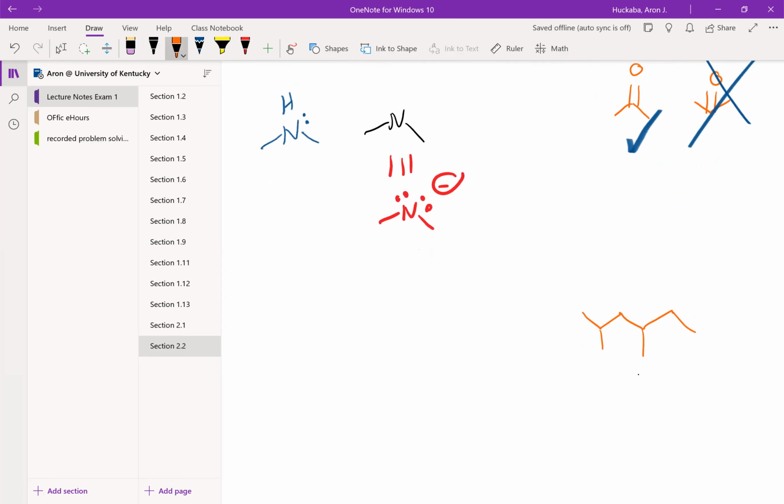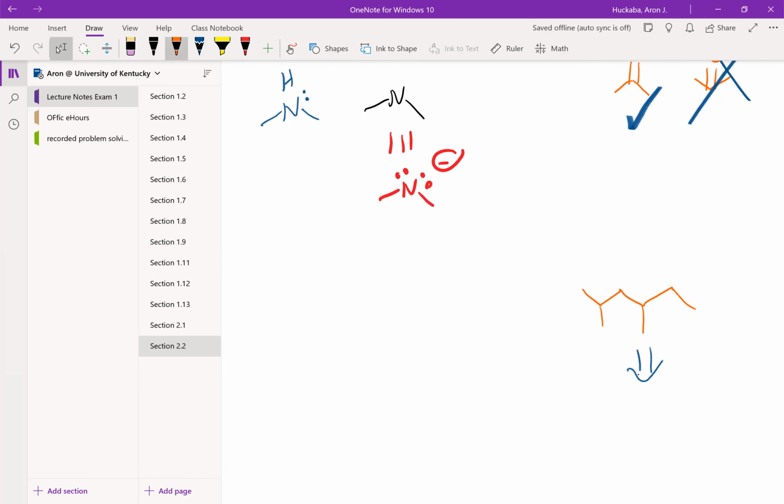This molecule is the same as this molecule, because you can kind of freely rotate any of these bonds around without affecting what the bond line structure actually means at all. A lot in the same way that we were talking about that with the Lewis structures when I was drawing them for you in chapter 1.